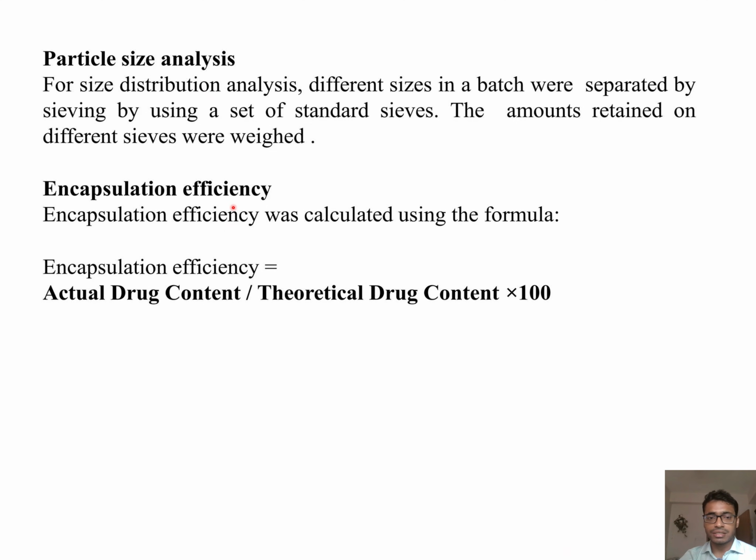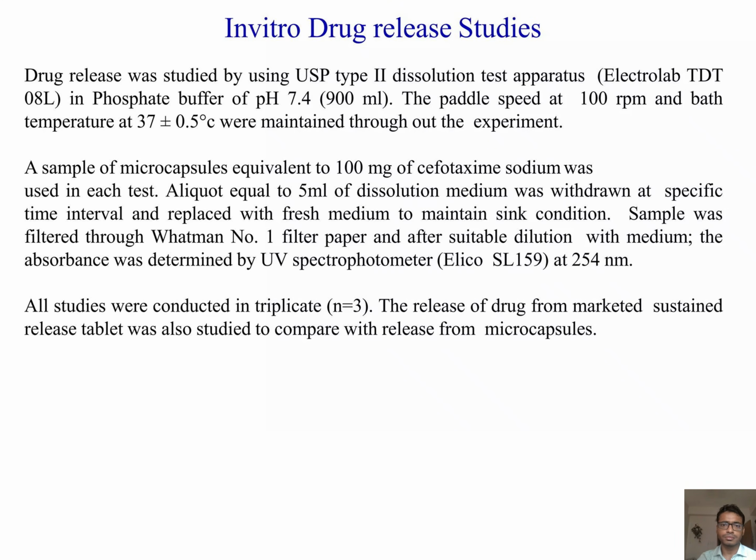Then encapsulation efficiency is determined by actual drug content divided by theoretical drug content, multiplied by 100%. Then in vitro drug release; I have discussed all of this in the tablet evaluation, so please go through it. You use a USP type 2 dissolution test apparatus, pH should be adjusted, temperature should be adjusted, and paddle speed should be 100 rpm. All studies are conducted in triplicate.